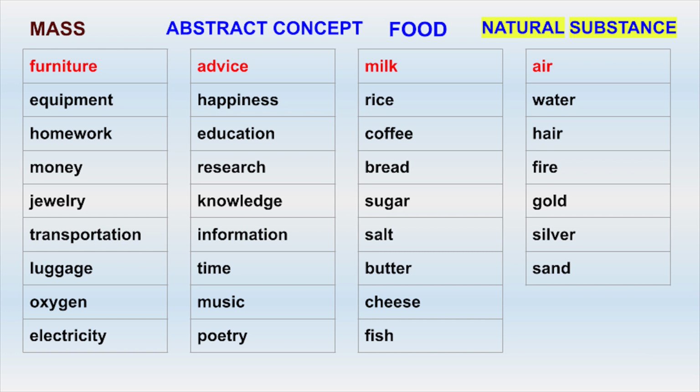In this lesson, I will give you a list of some of the words that fall in each category, and I have placed them in sentences that express a plural meaning. For some of them, I will give you the words that may be used as quantifiers. Let us start with words under the category called mass.